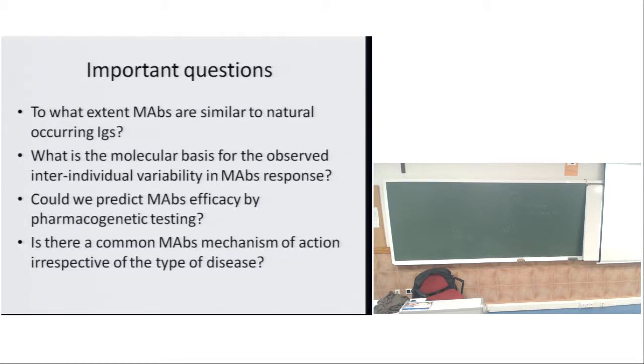So this is a challenge because we are playing with the immune system. If we want to know how these monoclonal antibodies work, we have to know how the whole immune system works. So it's a challenge for the scientific community, for biomedicine.